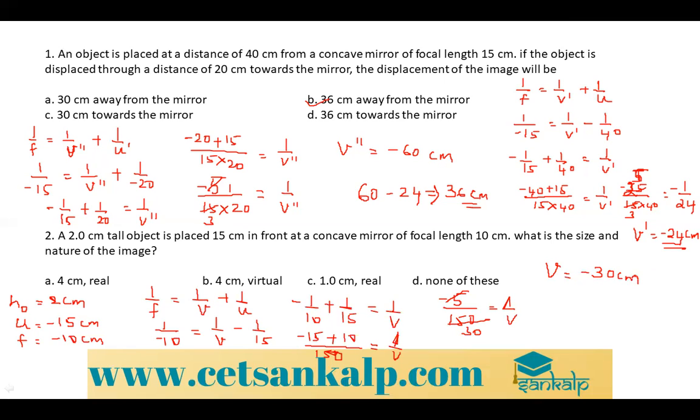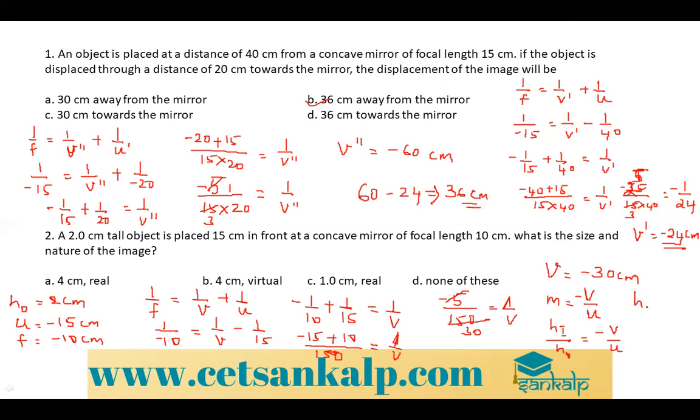Now they have asked what is the size and nature. So then what is the formula? M is equal to v by u. Since it is a mirror, it will be minus. But M can be written as HI by HO is equal to minus v by u.